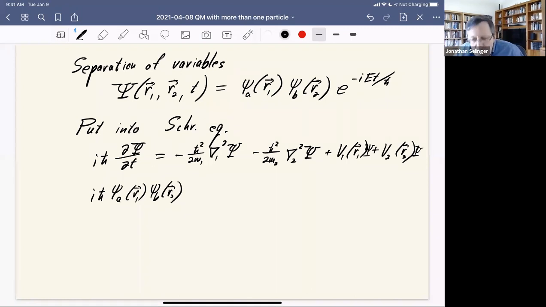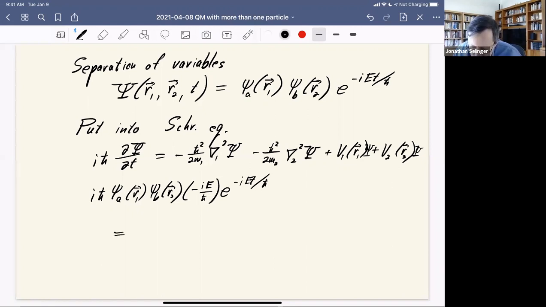Those things factor out of the time derivative, right? And then we get minus i energy over h bar e to the minus i energy t over h bar. Okay, that looks pretty good on the left side. All right, how about on the right side?